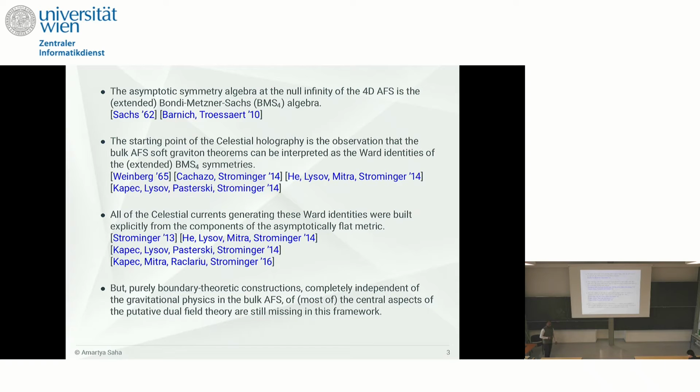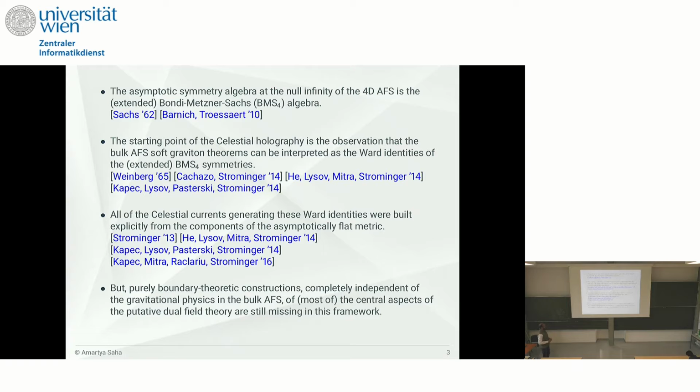So most of the works in celestial holography have been like this: starting from the bulk theory, or at least they need some hint from the bulk theory, and then trying to map those things into familiar forms from 2D conformal field theory.